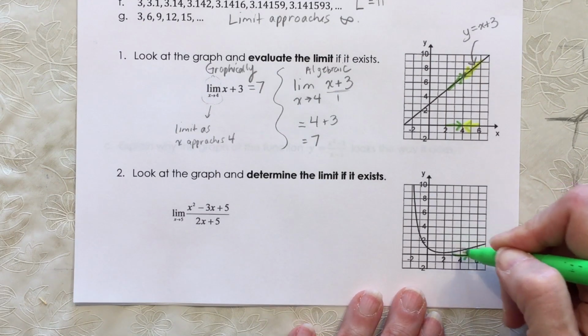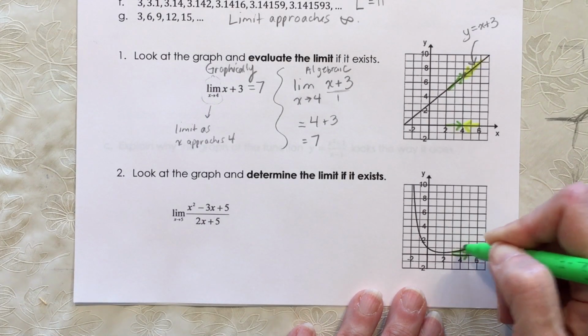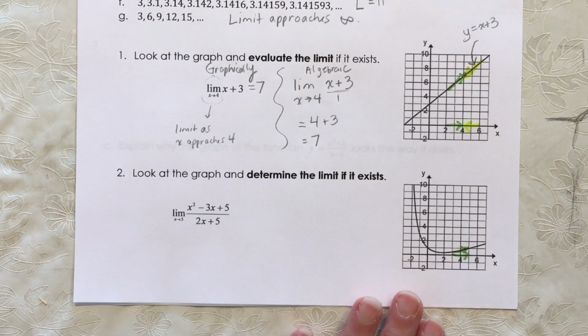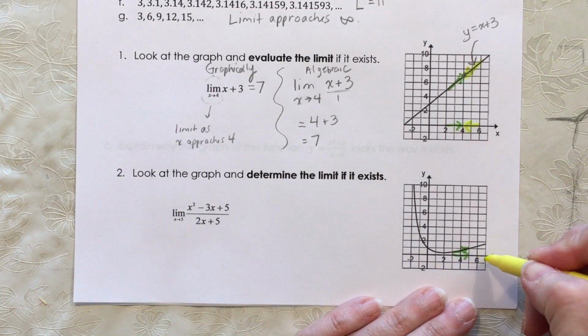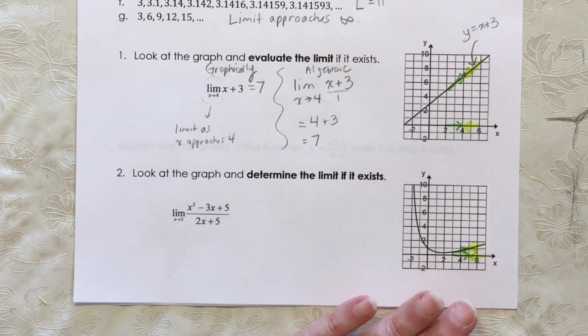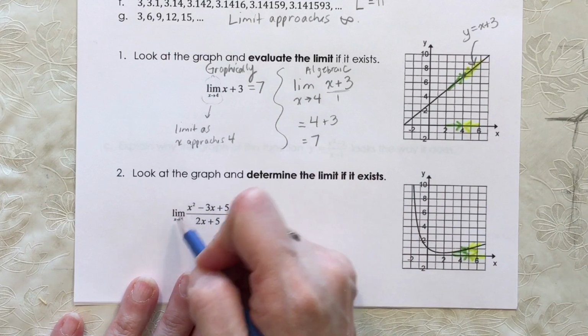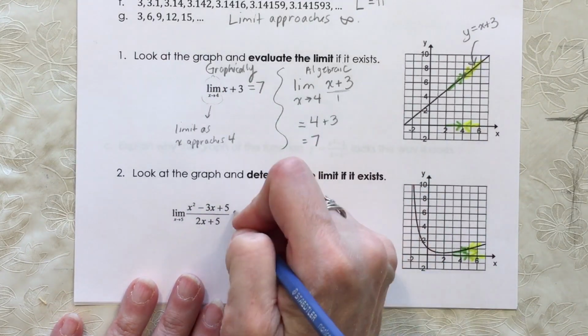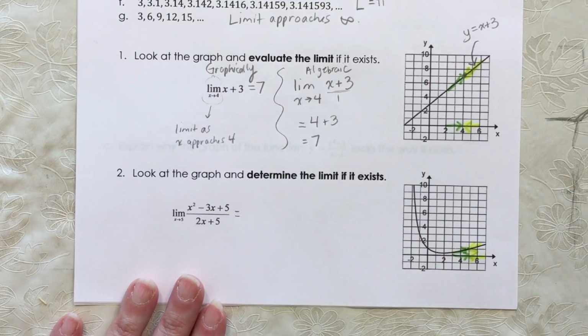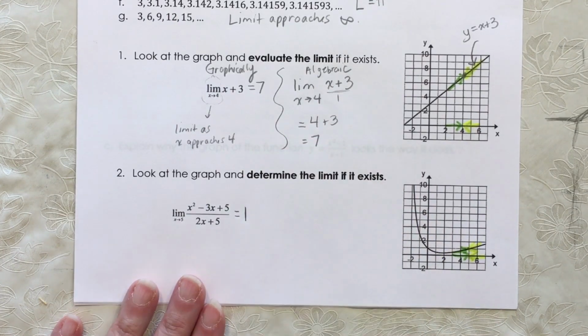And our curve, as that happens, is approaching, it looks like 1 right there. Okay? And then as x approaches 5 from the right, our curve again looks like it's approaching 1. So graphically, we would think that the limit as x approaches 5 of x squared minus 3x plus 5 over 2x plus 5 is 1. That's what it looks like on our graph.